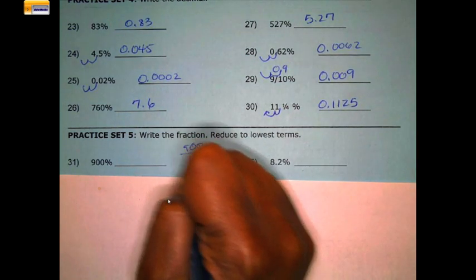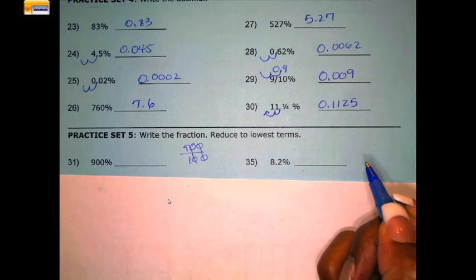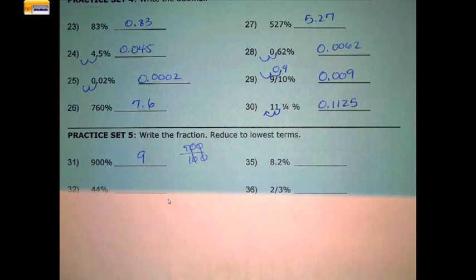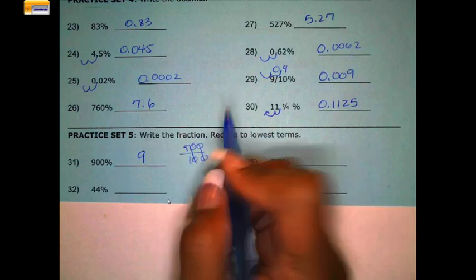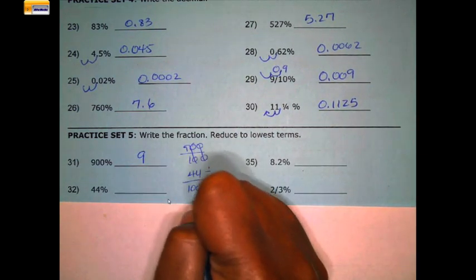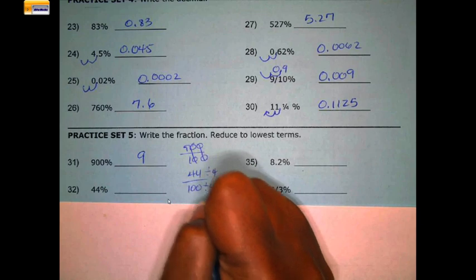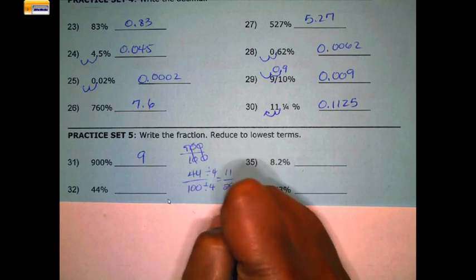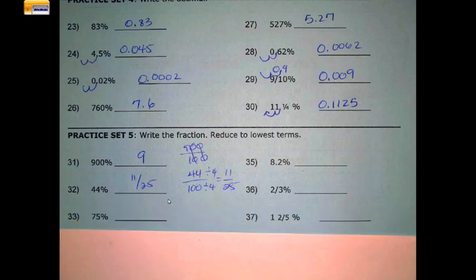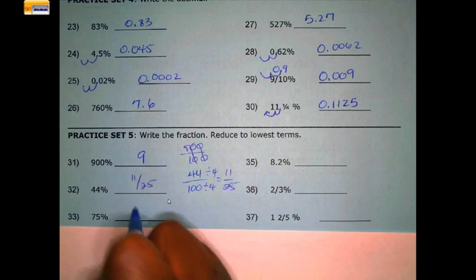Remember, if you're going from a percent to a fraction, divide by 100. Simplify it. Then we got 44 over 100. What can I reduce that by? And that'll give me 11 over what? Okay, this one's easy.